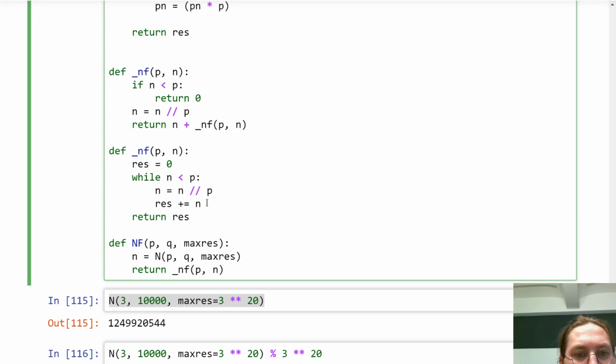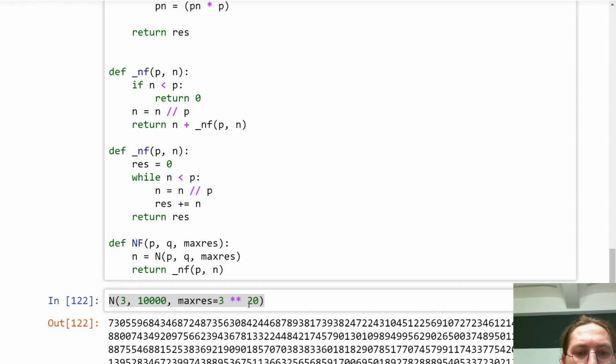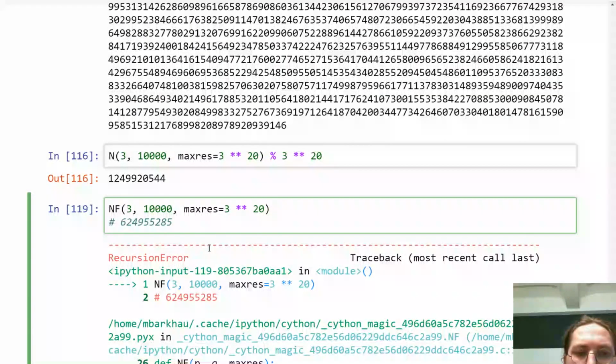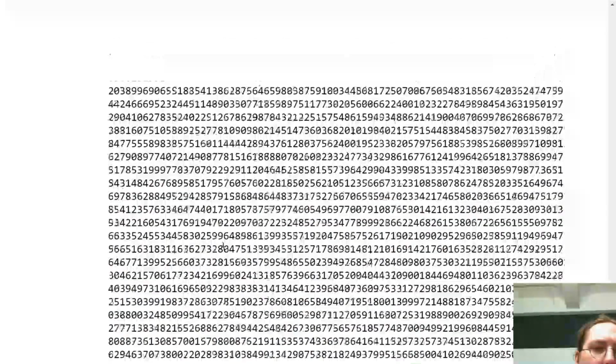Not quite. Let's do our NF example, it was 3 and 200, which is not correct.